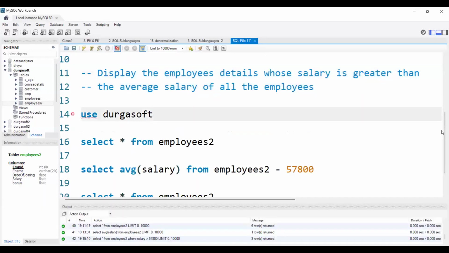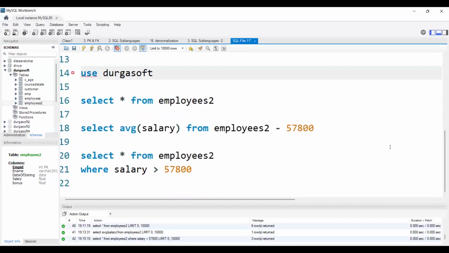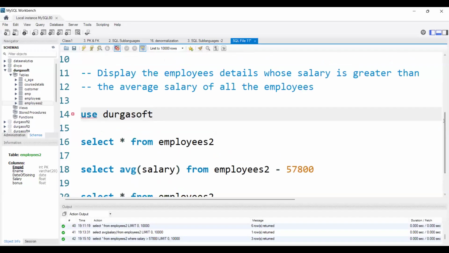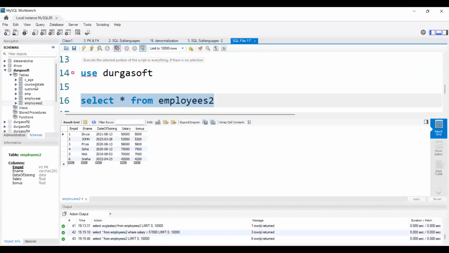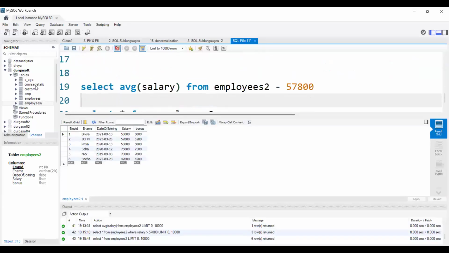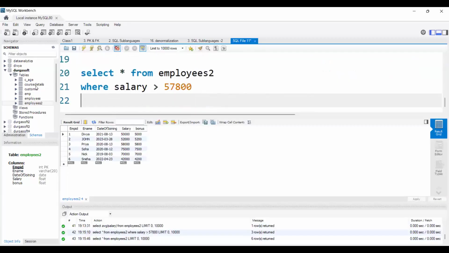But this is not the correct way of solving this question, because for now my employees 2 data set is like this, but in real time the data will change going forward. It won't be static, correct? If any new employees join our company, one more row will be added, and a new salary will be added.